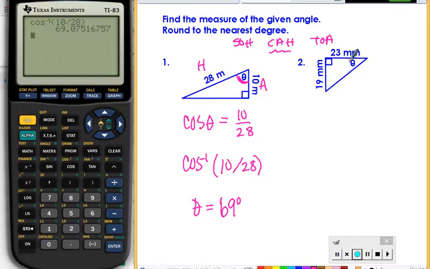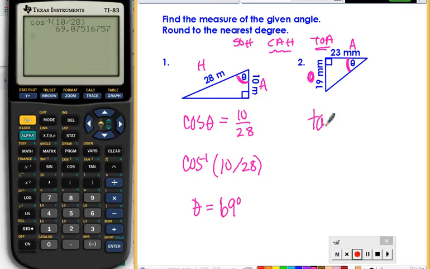For this one over here, we're trying to find this angle over here on the side. Here's our angle. The hypotenuse, we don't know what that is, so we're going to use the two sides we have. This one over here is opposite the angle, and this one up here is adjacent to the angle. Opposite and adjacent, I'm going to use tangent.